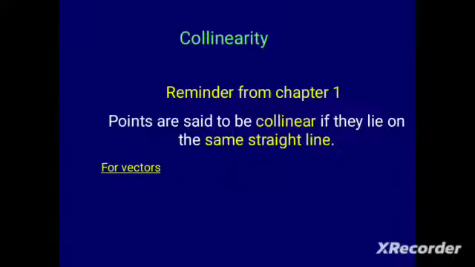Again, for vectors, the concept of parallel vectors will be used in collinearity. For points to be collinear, there must be two conditions: their vectors must be parallel, and there should exist a common point.